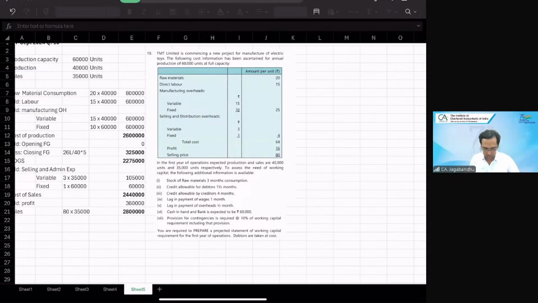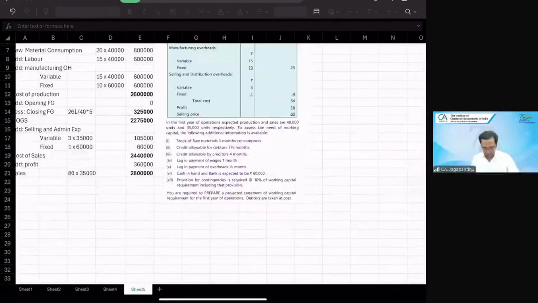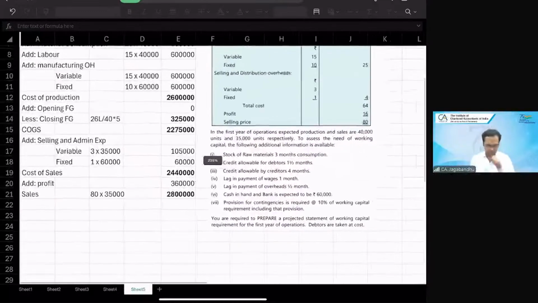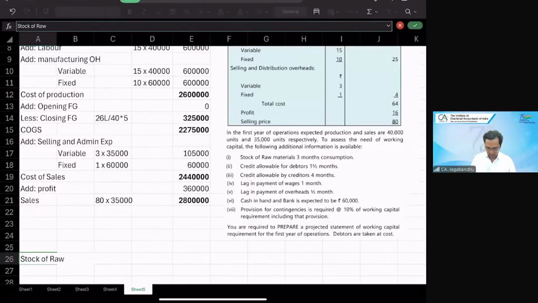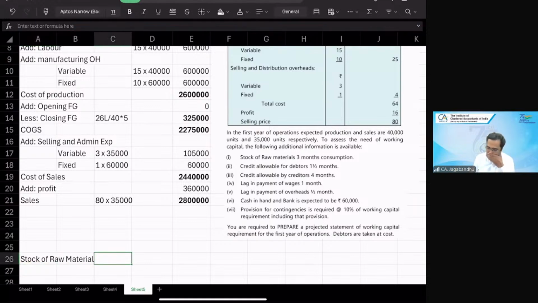So let's go ahead. First we need to compute the stock of raw material, of course based on raw material consumption.